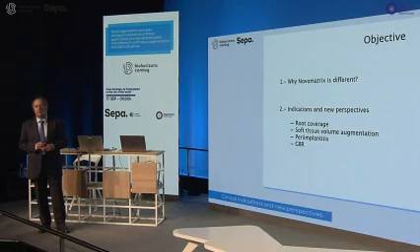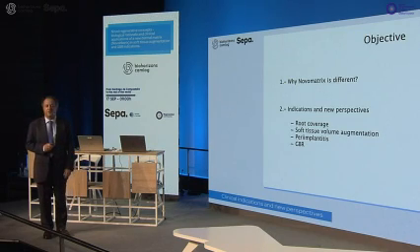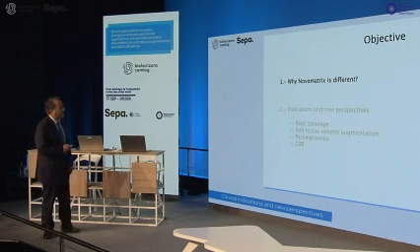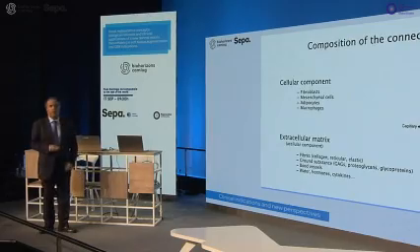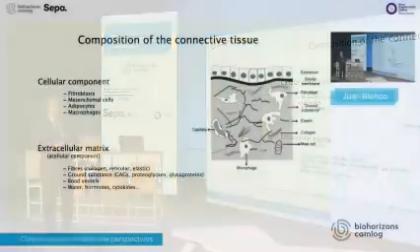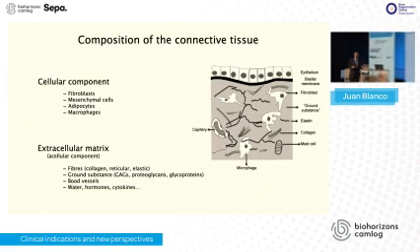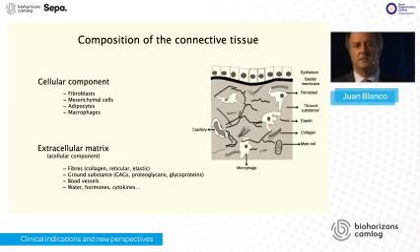But to understand why we should use this different matrix, we have to understand how the connective tissue is composed. And we have to understand that in all the connective tissues in the body, there are two main components. The first is the cellular component, and the second is the acellular component, let's say the extracellular matrix.